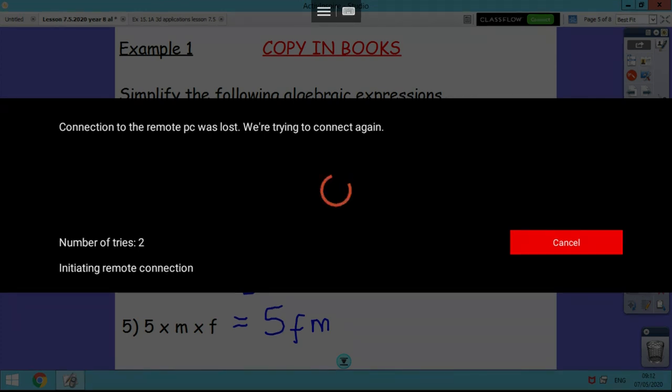In a sec whilst my computer tries to connect a little bit. Oh dear, come on. Oh, this is taking forever, isn't it?